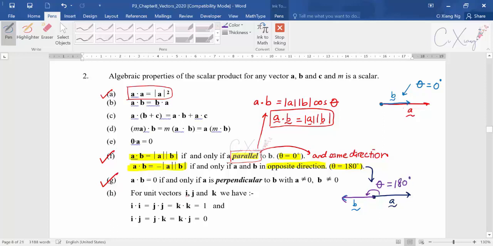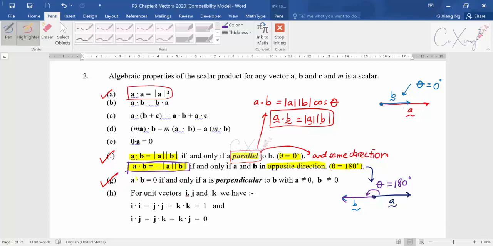So very obvious, you can see that they are in different direction, opposite direction. So when you have opposite direction, you substitute theta as 180 in cos theta. So cos 180, you get negative 1. And that's why eventually you get A dot B equals negative modulus A and modulus B. So again, you can only apply this formula when the question mentions that they are parallel and in the opposite direction. Okay, so these are the two different cases here.